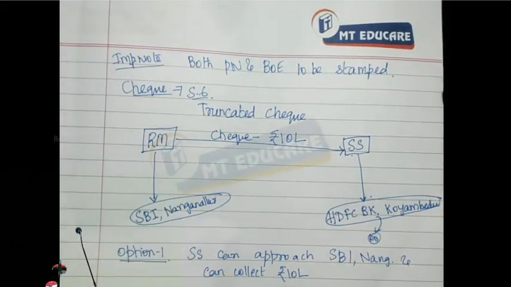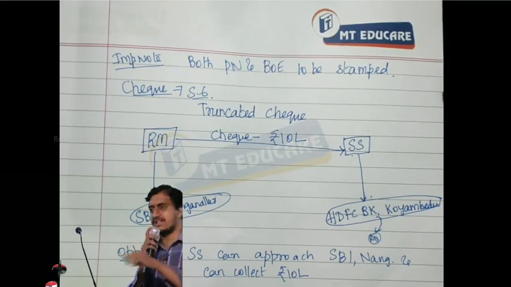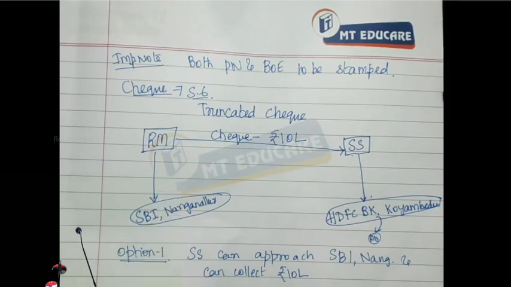What happens in an account payee crossing? Who is giving direction to whom? The drawer is giving a direction to the collecting banker: first credit the amount to his account, then allow him to withdraw, then make payment to him. Are you all with me, friend?